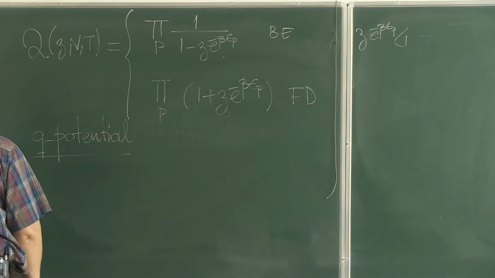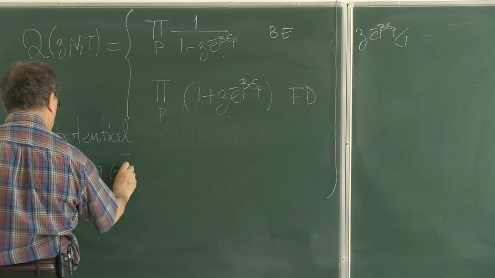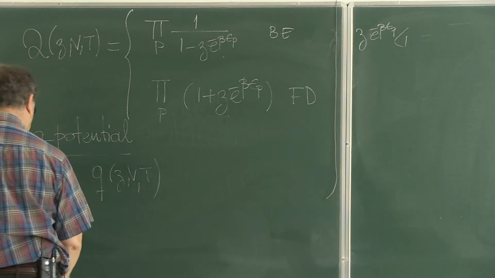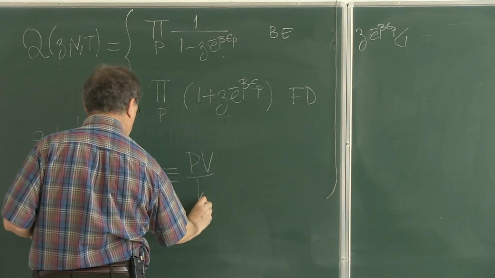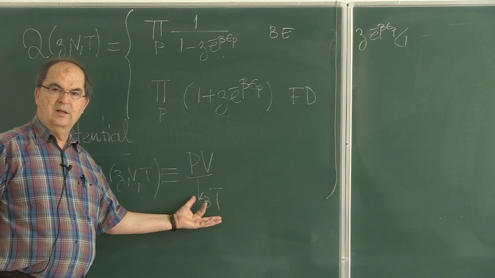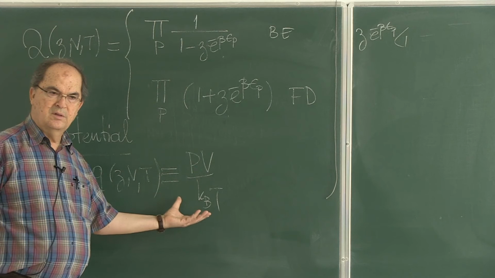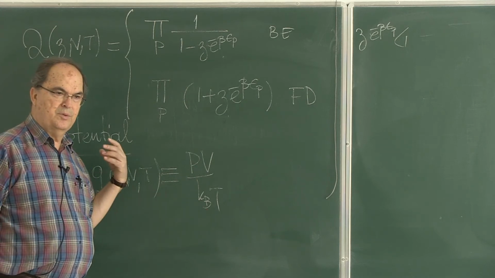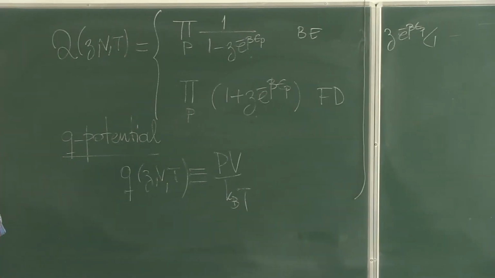This quantity of the system is Q(z,V,T), which is PV over kBT. If I take this only as PV, I have the grand potential, isn't it? Divide by kBT, I have the Q potential. In your book, it is the Q potential that is used. That doesn't make any difference as far as I'm concerned. Okay?